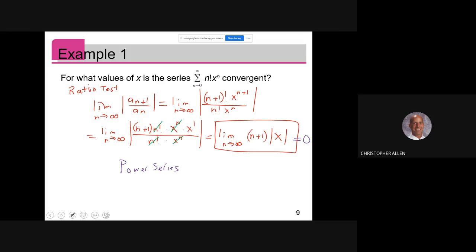This power series diverges for all x. Except what?